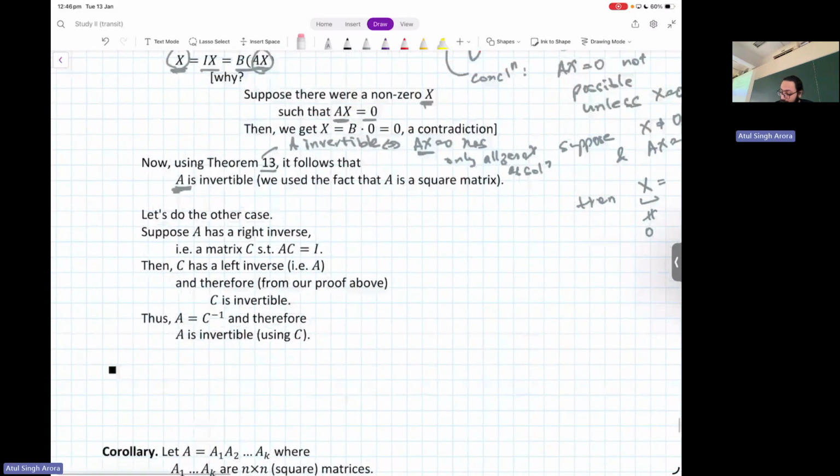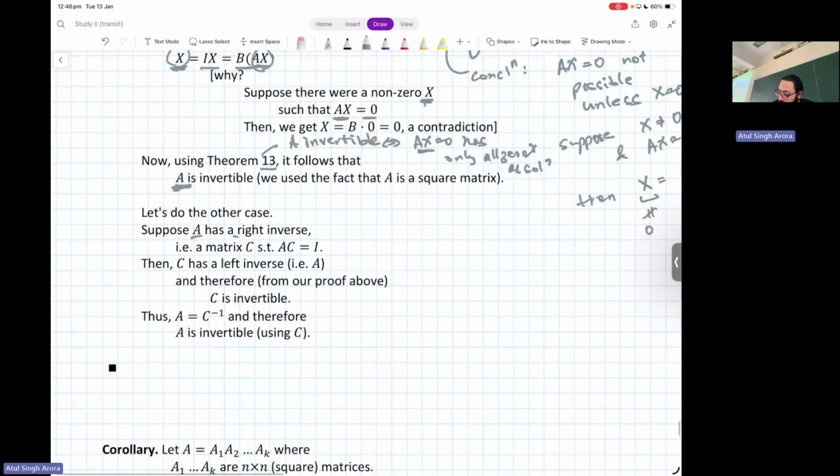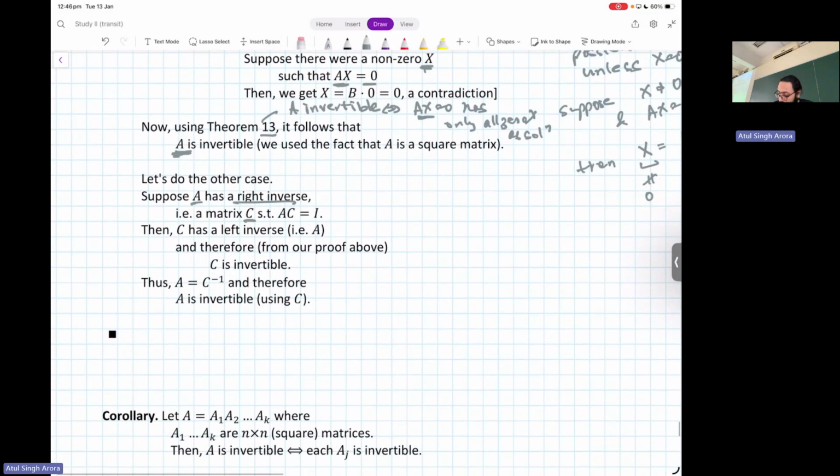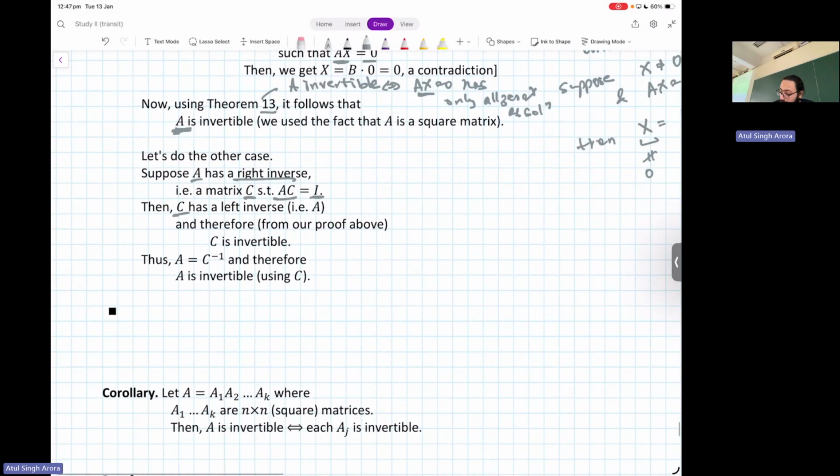So now we're going to do the right inverse. Let's see how it's done. Let's start with saying that the right inverse is given by some matrix capital C. We get capital A times capital C equals identity. That's just by definition. And then capital C has a left inverse, that is capital A, right? These statements are fine, because the definition of inverse is symmetric.